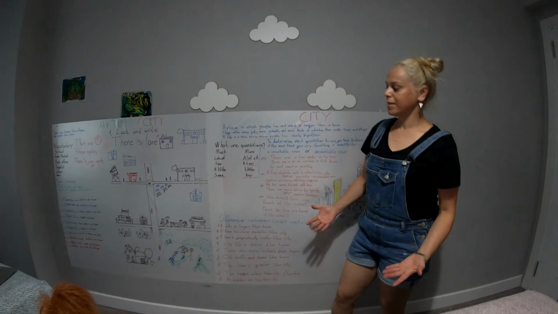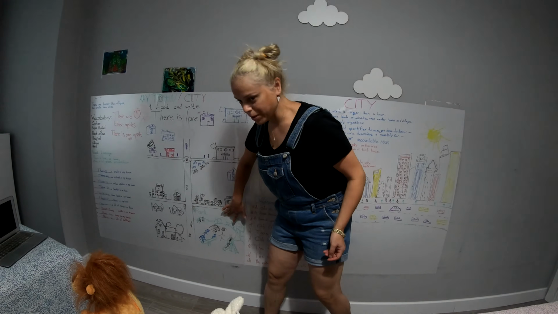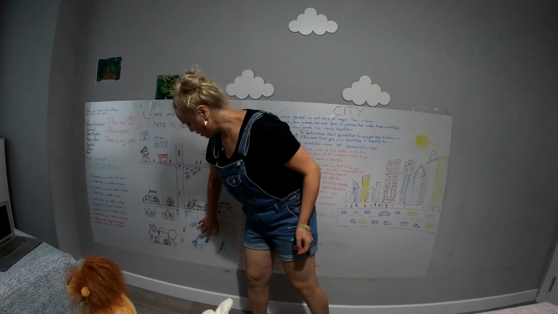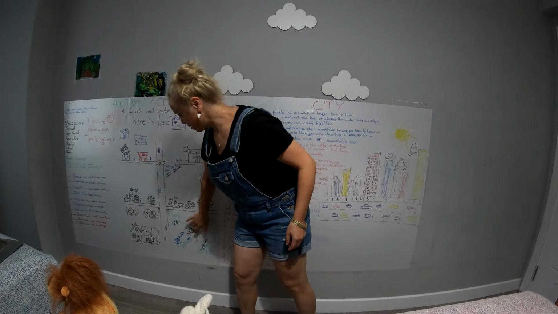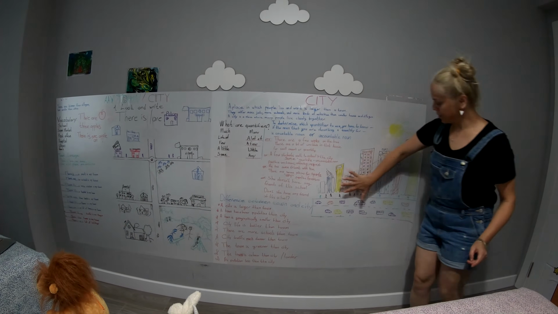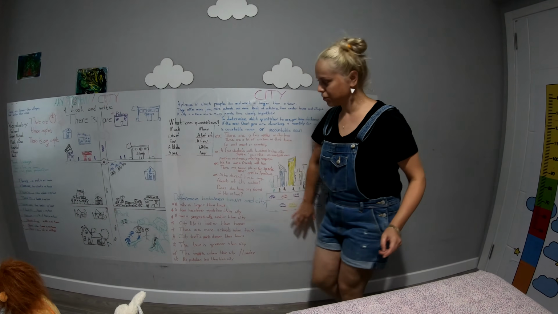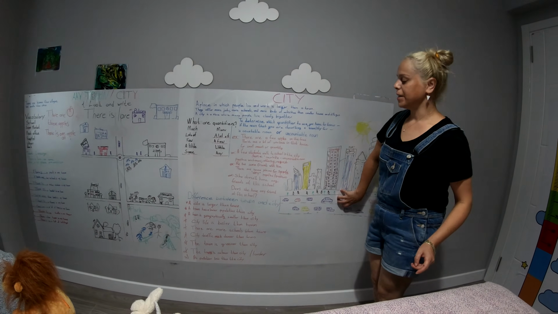Why? Because there are so many trees, a lot of trees, and there are no higher buildings. And look at the city, so many buildings, traffic, everything. So the town is greener than the city.